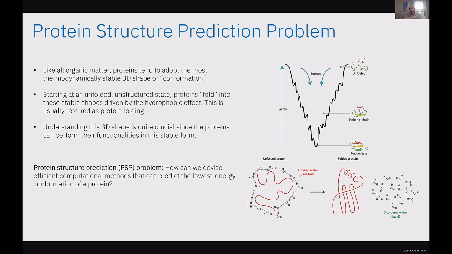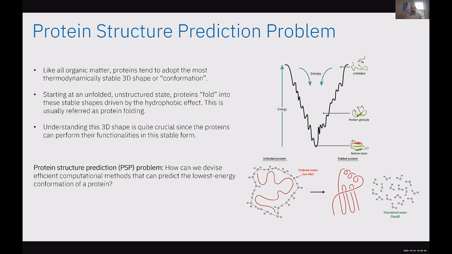And the goal of the protein structure prediction problem is, if someone gives you this unfolded shape, the sequence of amino acids or the residues, I will use those interchangeably, can we devise computational tools that are efficient, that can give us this stable shape that we usually call the lowest energy conformer, because it's the lowest energy.